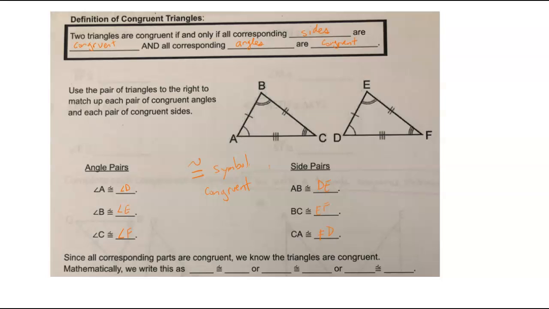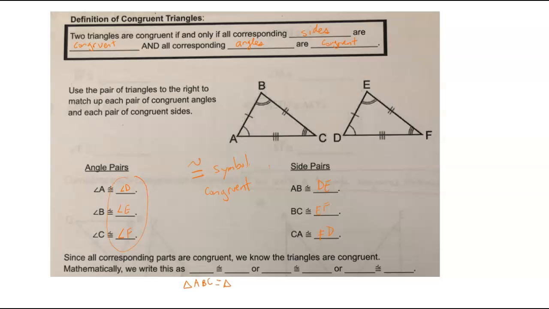Since all corresponding parts are congruent, we know the triangles are congruent. Now I'm potentially going to run out of space because my handwriting is very big. This is a congruent statement. I'm going to say triangle ABC is congruent to, and this is important, we want to match up the letters to ABC in the order that's written.